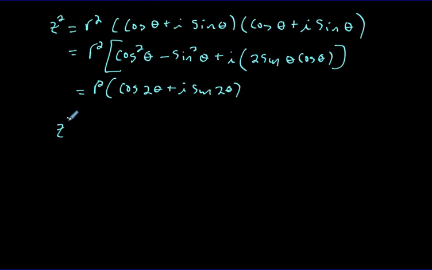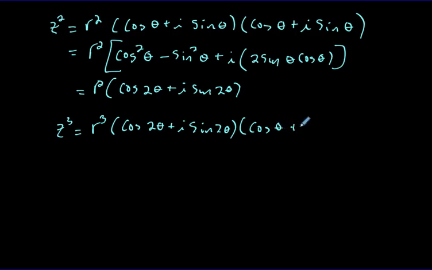But you can cube it. If you cube it, you're going to multiply this by another r cosine theta plus i sine theta. So you're going to end up with r cubed, and then cosine 2 theta plus i sine 2 theta that we already had, multiplied by another cosine theta plus i sine theta.